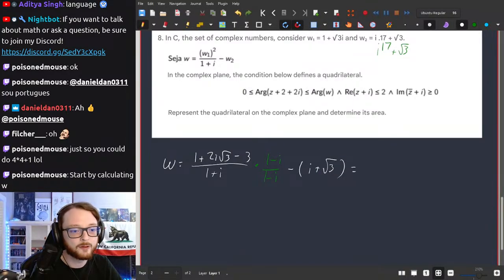I should probably simplify. Minus 2 plus... now it's too crowded. There we go.